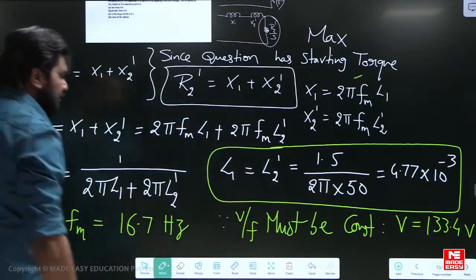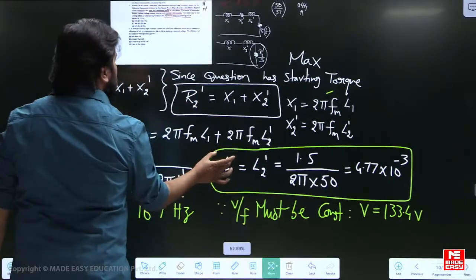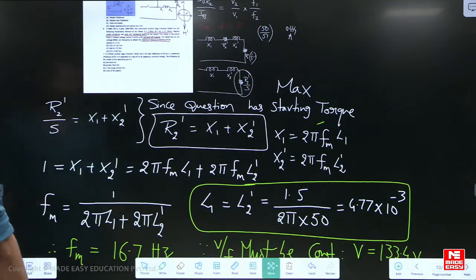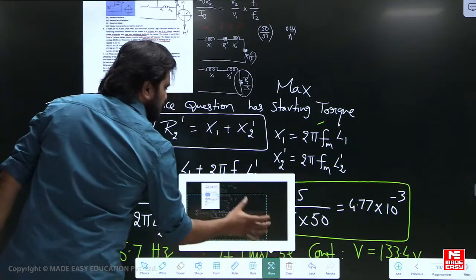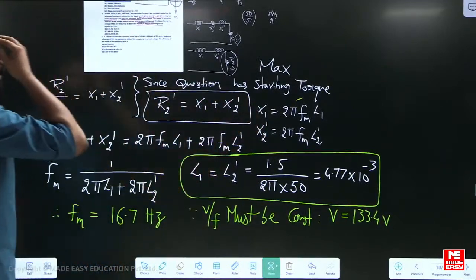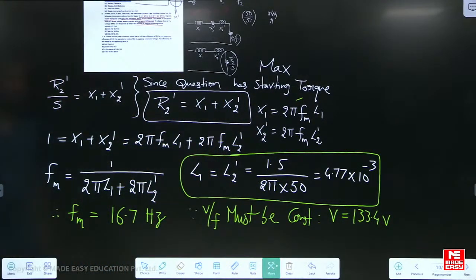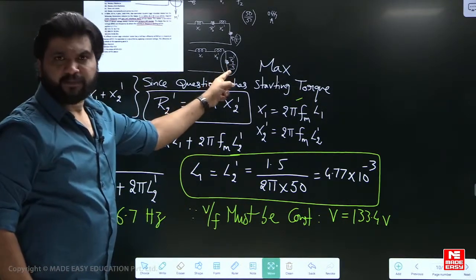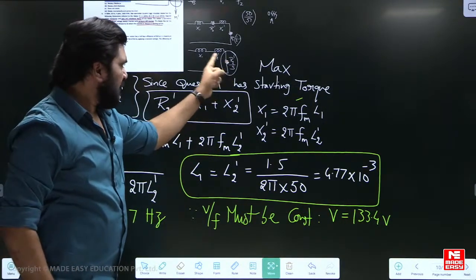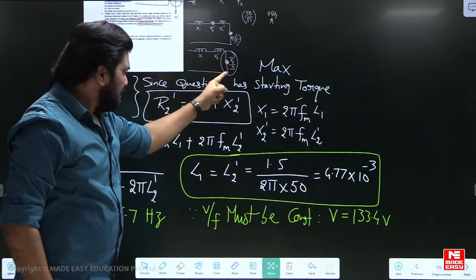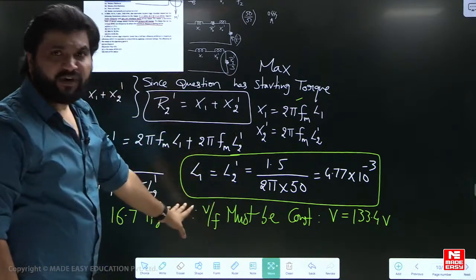Only then will the V by F ratio be maintained constant. So this solution is based on the maximum power transfer theorem. We equate R2 dash with X1 plus X2 dash, and by applying the theorem, we got this solution.